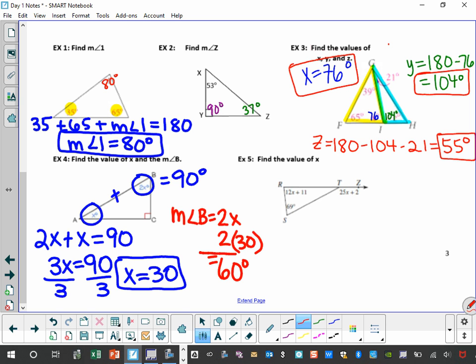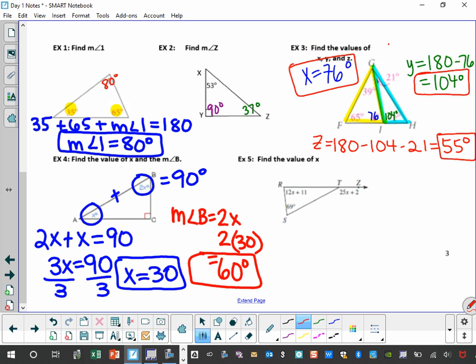Degrees. Because when they ask you for degrees, make sure you put the degree symbol. So the measure of angle B is going to be 60 degrees. Is this making sense? You see where you plug it in, once we solve for x.